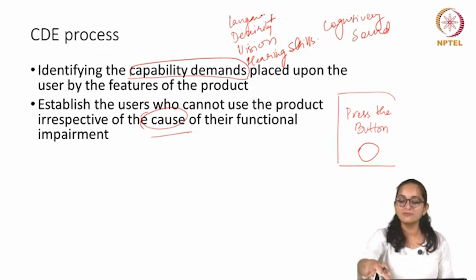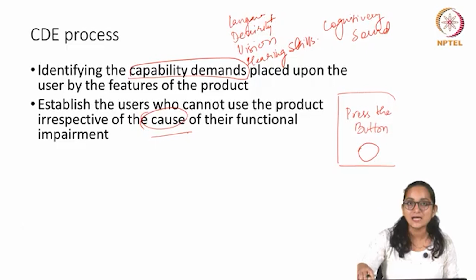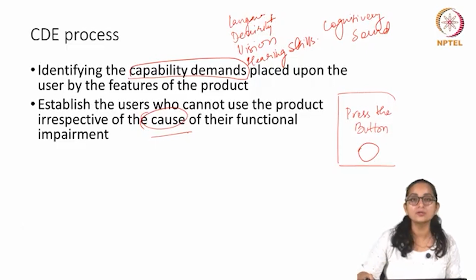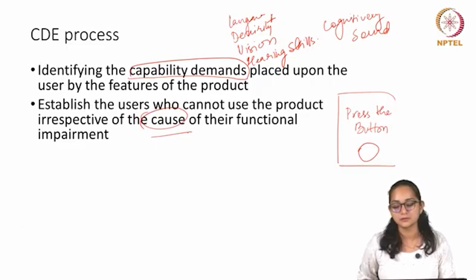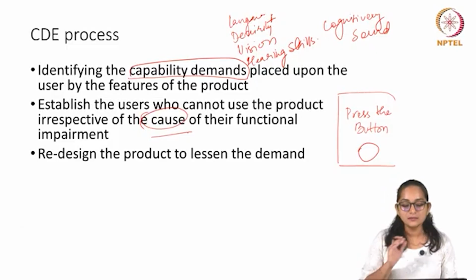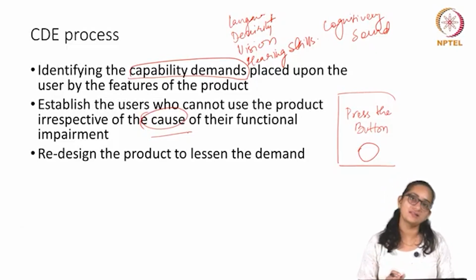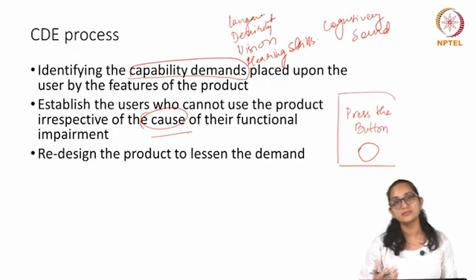So then after this, you list out who are the users who cannot use it, with respect to the cause of the functional impairment. And then redesign the product to lessen the demand, right. So then what you do is redesign it to lessen the demand.